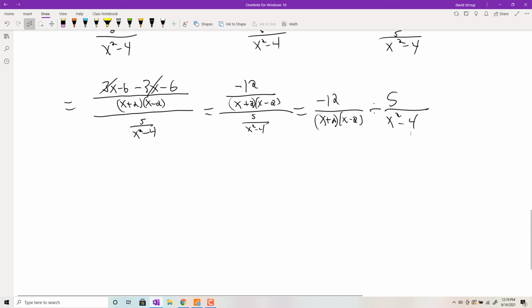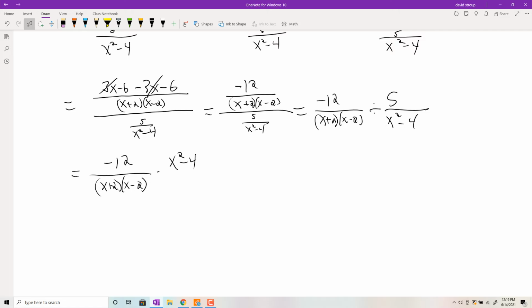Okay. And then rewrite the division as multiplication, so I got minus 12 all over (x plus 2)(x minus 2) times (x squared minus 4) all over 5. Multiply out, factor along the way, so I get 12 times x squared minus 4, which is a difference of squares, so we can factor that. And we get some nice cancellations happening.